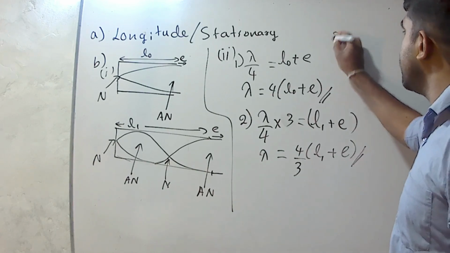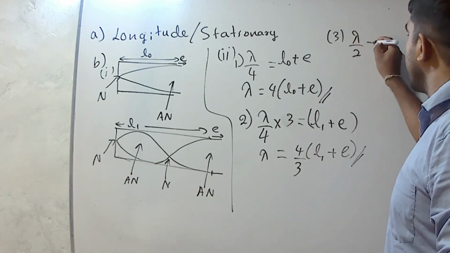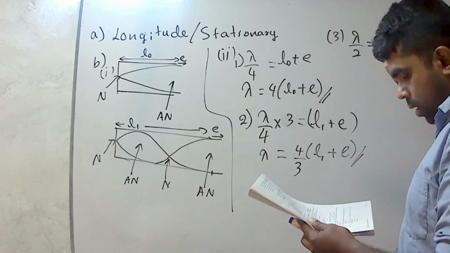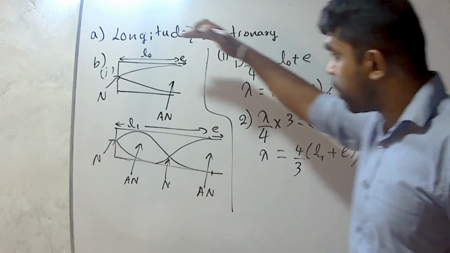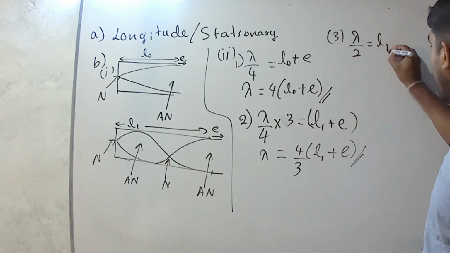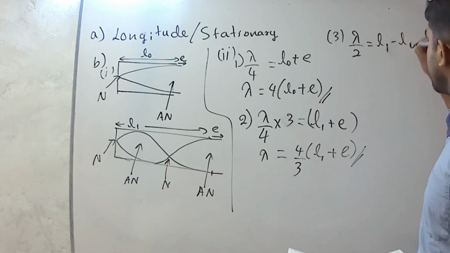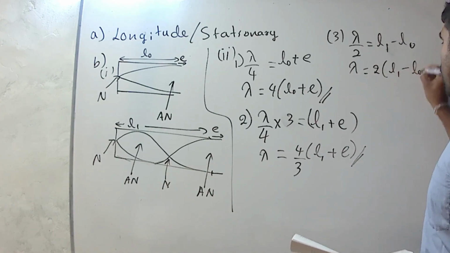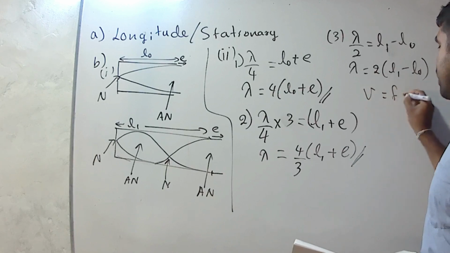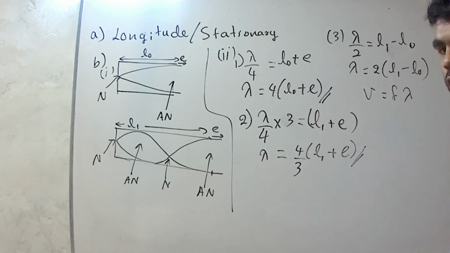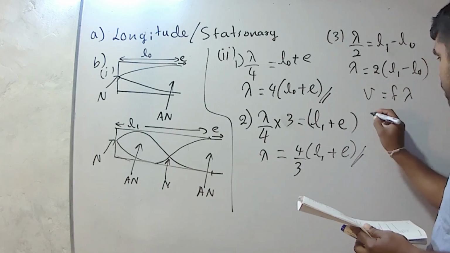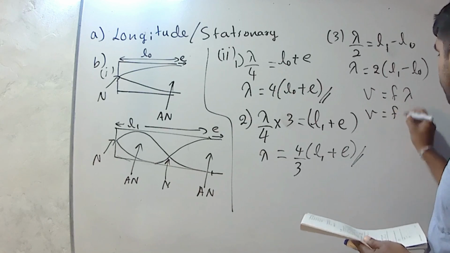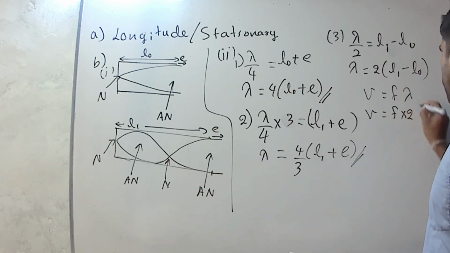Then we can write lambda over 2 equals L1 minus L0. Then lambda equals 2 times L1 minus L0. Now we can use v equals f lambda. Velocity of sound v equals f times lambda, which is 2f times L1 minus L0.